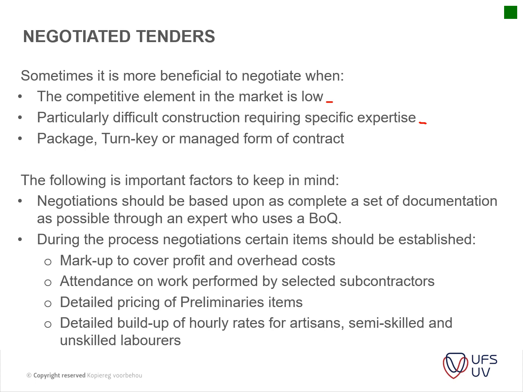Some types of contracts that you get are package contracts, or turnkey, or managed contracts. This is usually where it's very specialized, and the contractor has to do the design and the installation. For instance, a project that we were involved in is the funicular, like the cable car or the little tram that goes up a hill, for instance.